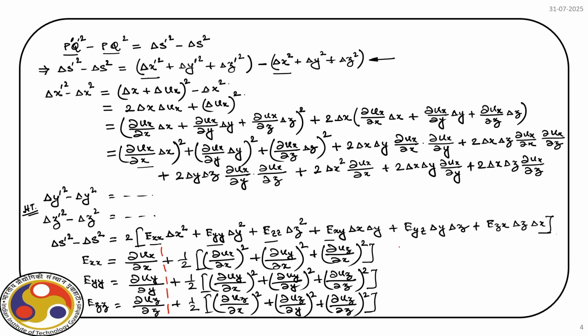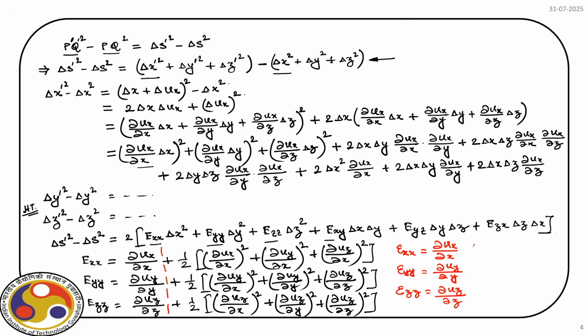So, we have our epsilon xx is ux differentiated with respect to x, epsilon yy is uy differentiated with respect to y, and then epsilon zz is uz with respect to z.